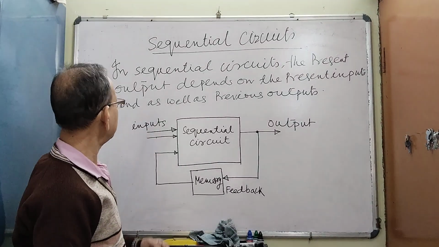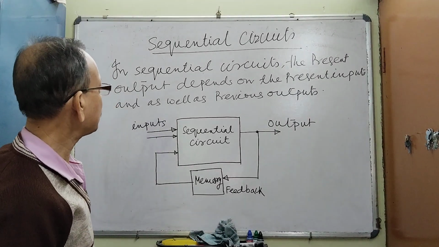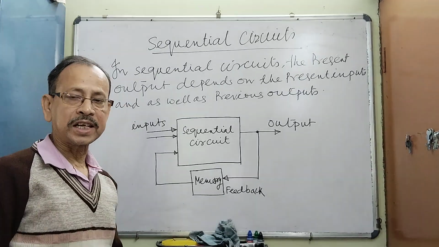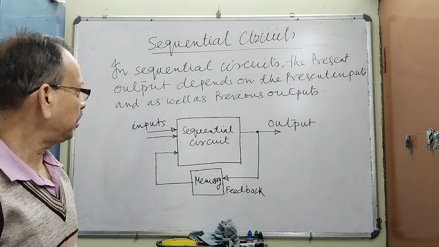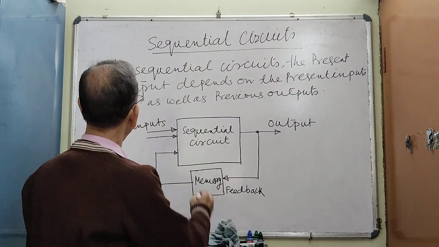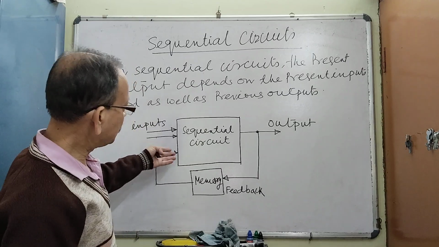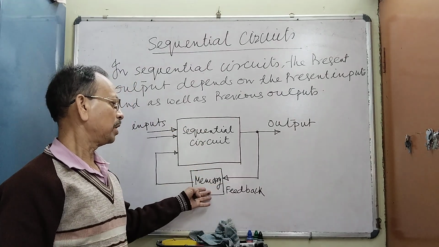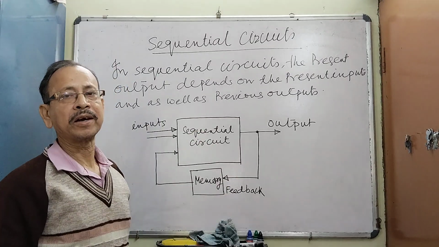So we can say the sequential circuit is a combinational circuit with memory, or with feedback.